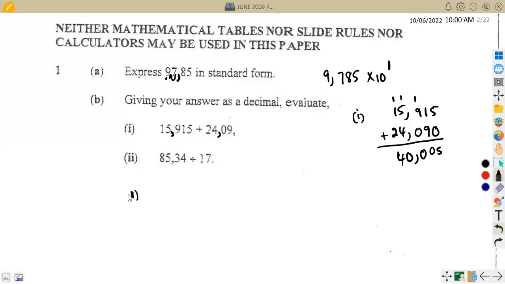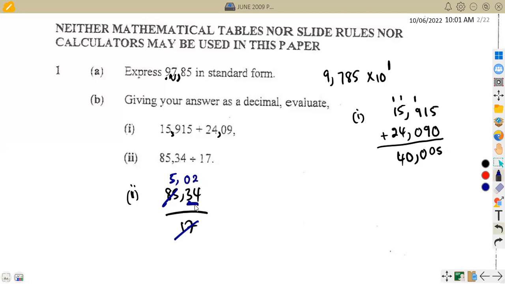Then item 2, division, it's 85,34 divided by 17. So you can actually divide like this in an easier way. So what are you going to have here? 17 into 85, that is 5 times. Then it's a comma here. 17 into 3, that's a 0, into 34 as a whole, which is going to be 2 times.